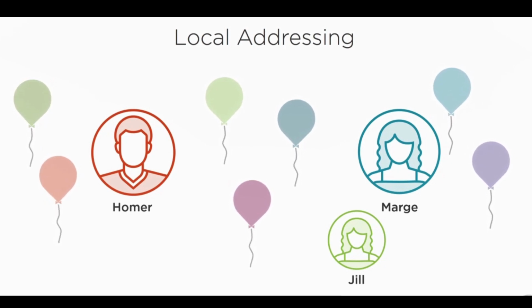Now, maybe Marge and Jill are standing right next to each other, and Homer's talking and he doesn't identify who he's communicating with. So Jill has to stop and ask, "Hey, Homer, who are you talking to?" And Homer can say, "Oh, I was talking to Marge." So now Jill knows that that conversation is not meant for her. So our local addressing is our name.